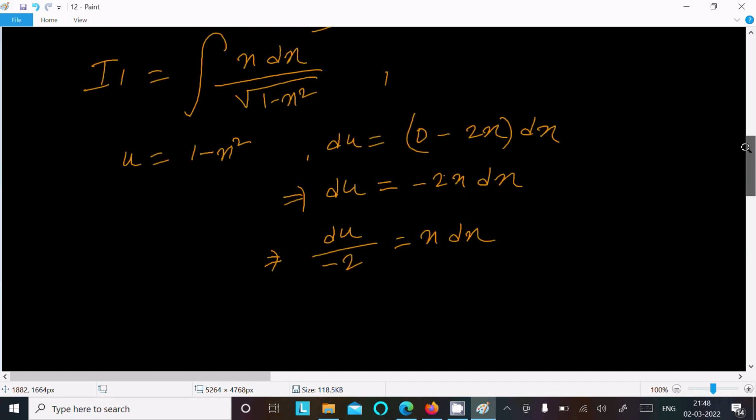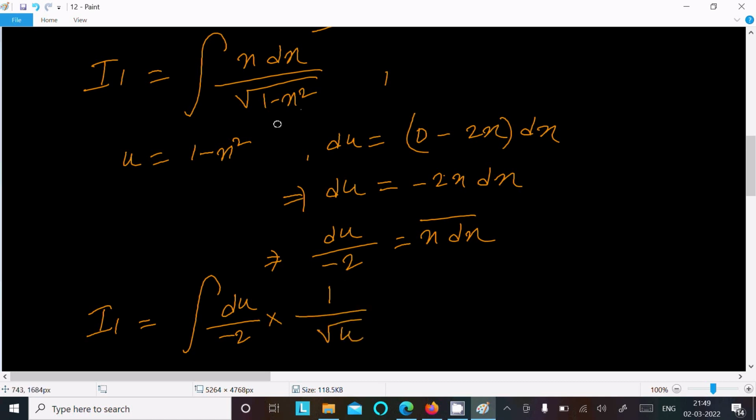So after that here in I1, this is here x dx, plus we can put here du by minus 2. Then this we can write under u, so 1 minus x square, that I assume u.